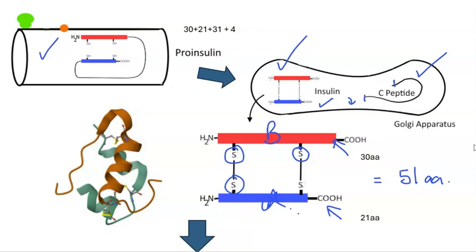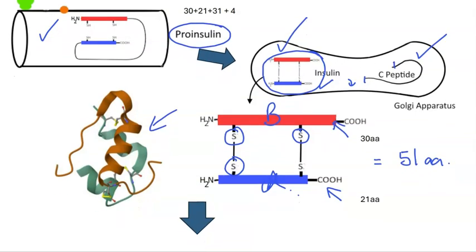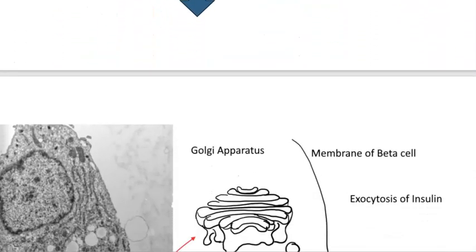So here's an image of the insulin molecule from the protein database. So we've gone from proinsulin in the rough endoplasmic reticulum to insulin in the Golgi apparatus. So this is our modification.